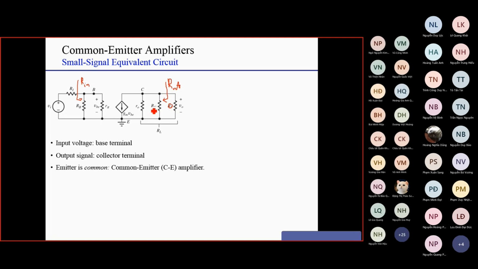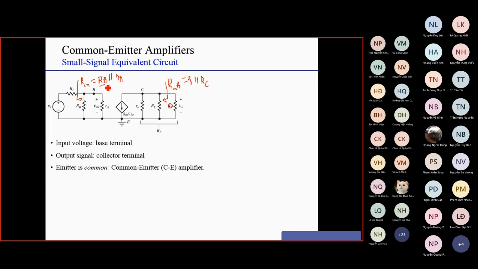You can see immediately that R out is equal to RC in parallel with R0. So it's quite easy with this circuit. R in here is RB in parallel with R pi.